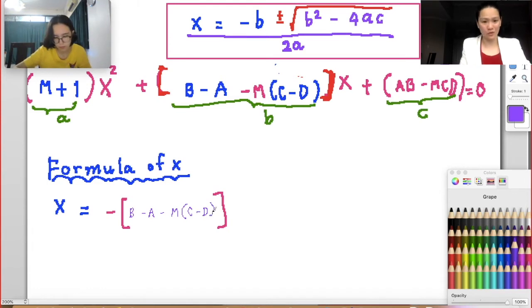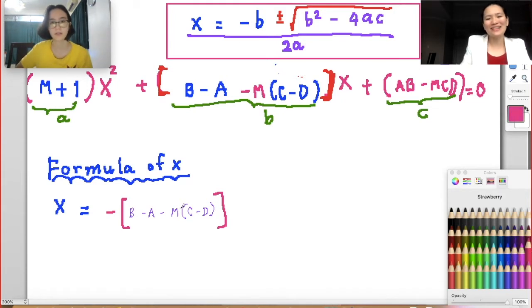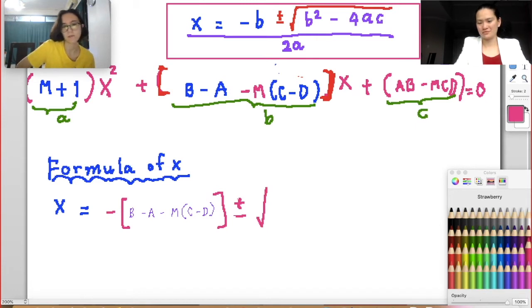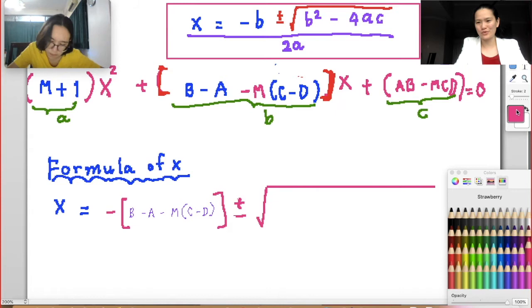Okay? And then it's plus or minus the square root. I need to write down a little more.